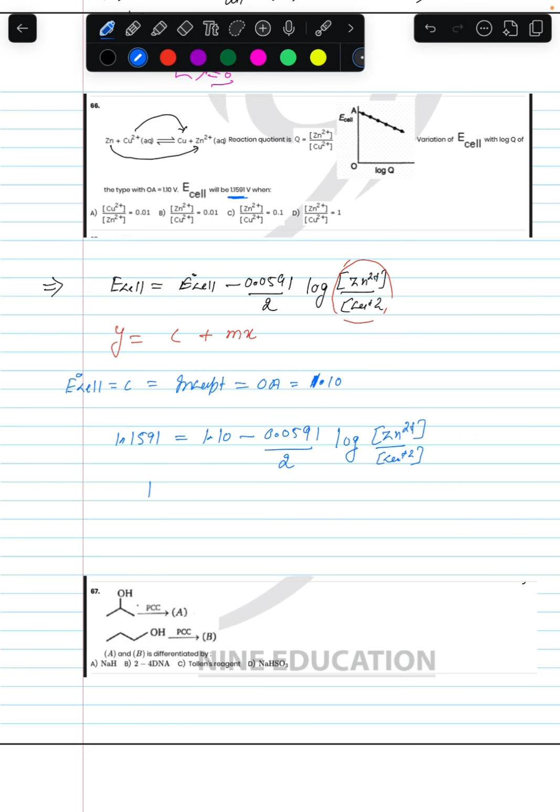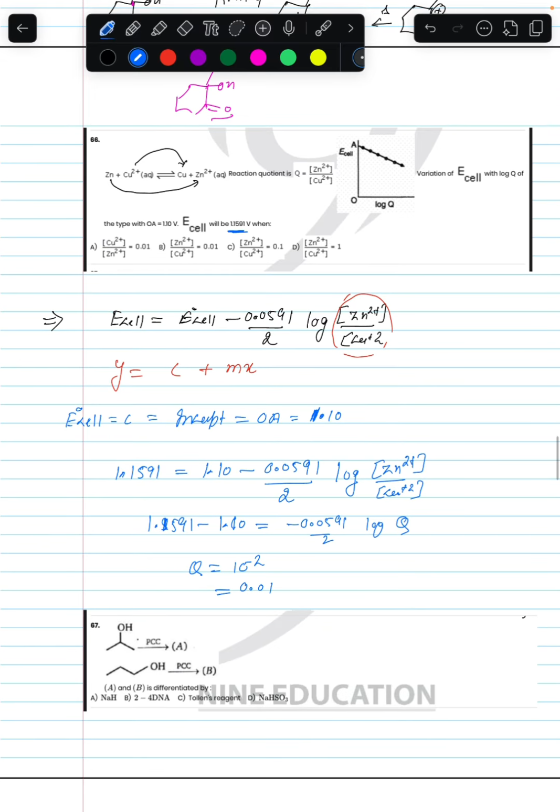After calculating, 1.1591 minus 1.10 equals minus 0.0591 upon 2 log Q. So Q will be 10 to the power minus 2, that is 0.01.